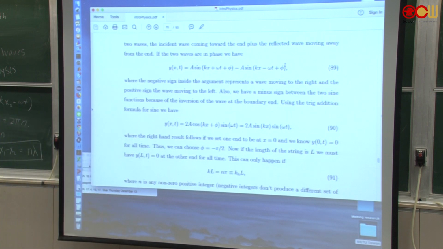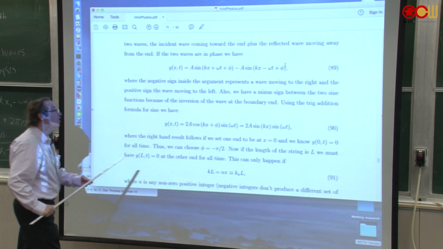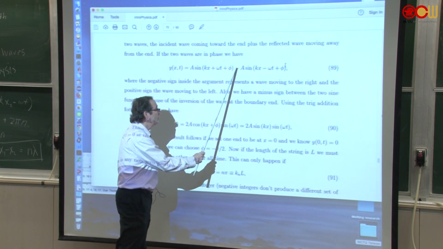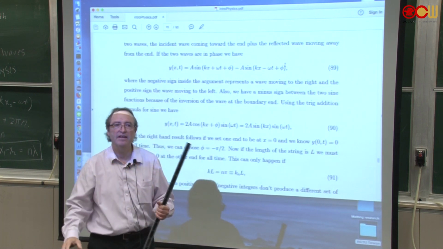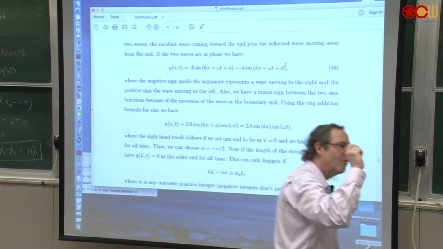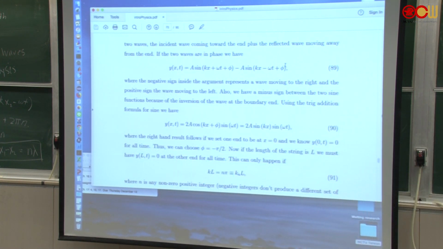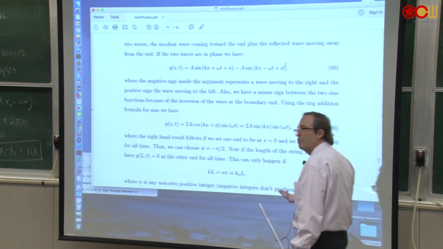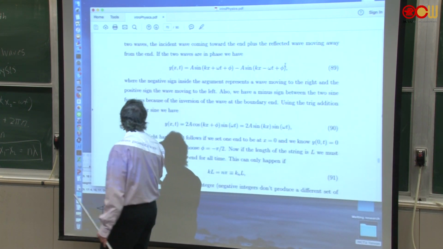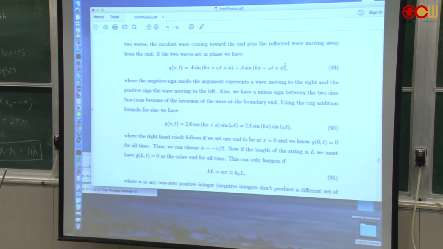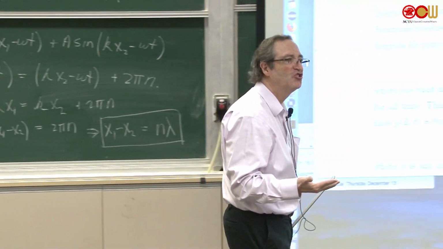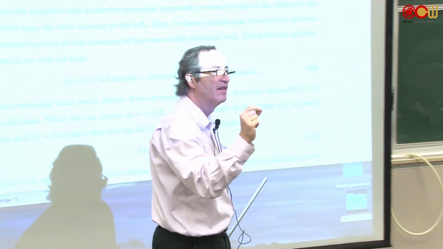Because when it hits the end, one wave is going towards the end, and then the other is reflected from the end. And it turns out, on reflection, you get a minus sign. If the end is fixed, the wave is inverted from what it was before. And one can see that by looking at what happens to the tension in the wave right at the end.